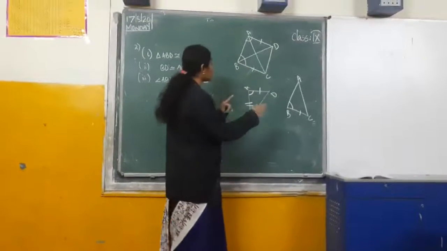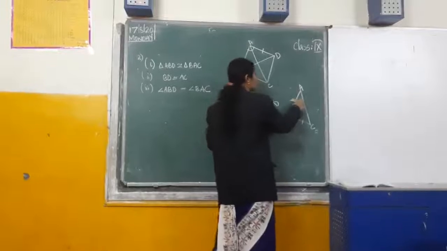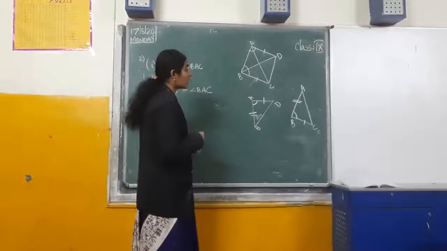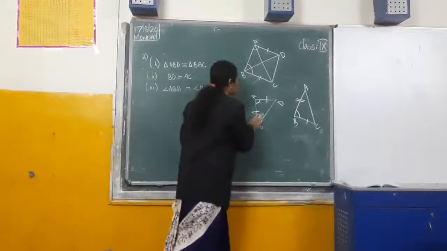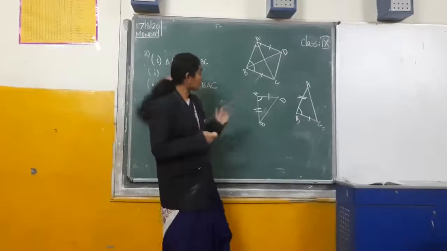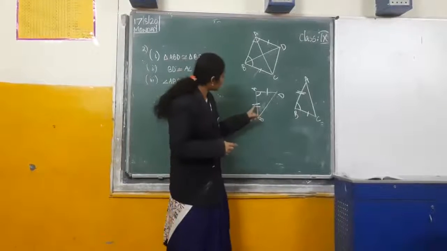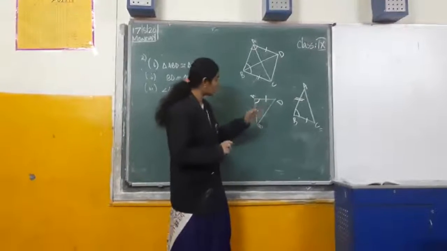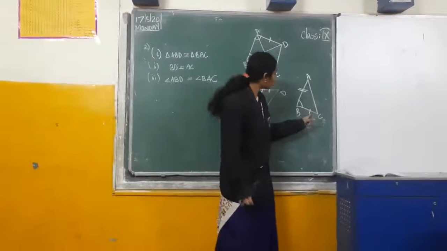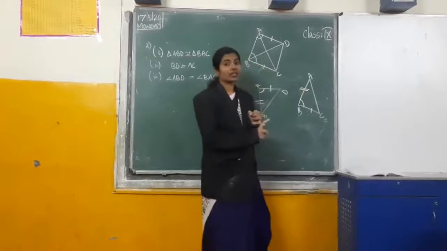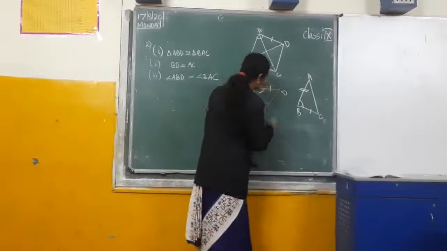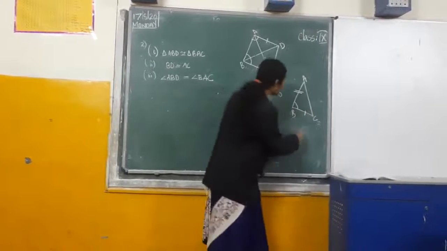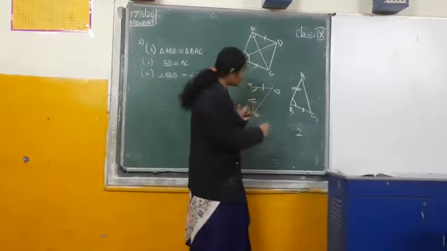That means in both triangles one common side is AB. Okay. Now from these given triangles, can you show the congruence? Two sides of the first triangle are equal to two sides of the second triangle. Isn't it?